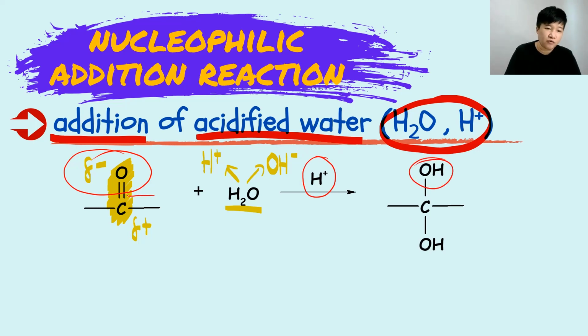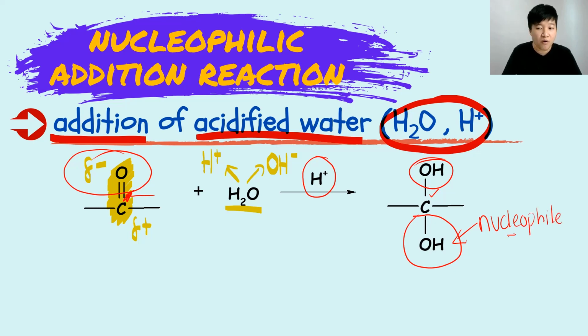The double bond will break and become a single bond over here. Alright? And your carbon will have a new friend, and the new friend must be a nucleophile. So who is your nucleophile over here? Your nucleophile is your OH-, the only nucleophile that you have in this reaction right now.